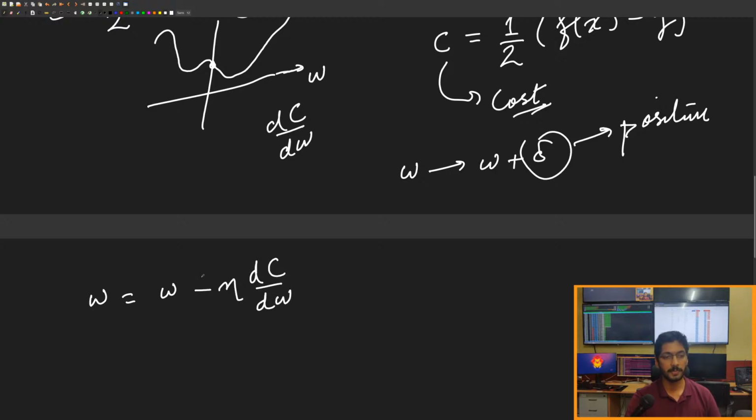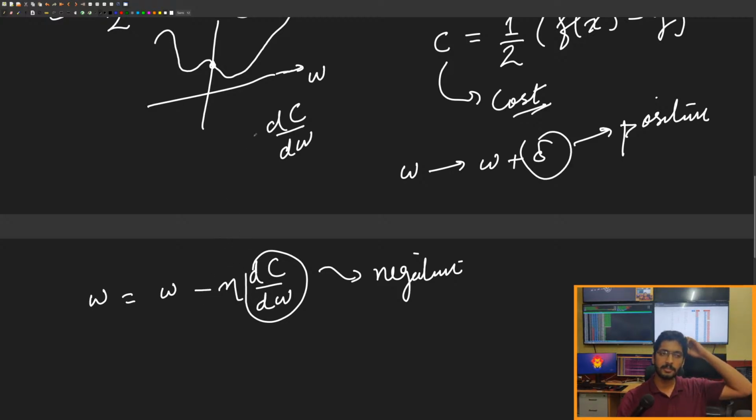I have put this minus sign here because this dC by dw is going to be negative, because the function is sloping downwards here. And I want my delta value to be positive. Therefore, I have stuck in this minus sign here.